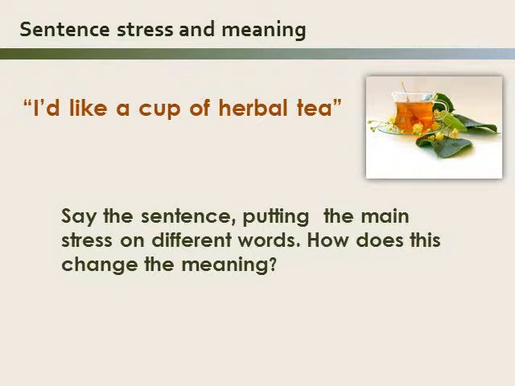And if I say "I'd like a cup of herbal tea," I'd like one, but I'm probably not going to get one. So the way we stress an identical sentence in all other respects can really change the meaning and the context. So this is something that you can do with your learners, explore different contexts for different ways of stressing this kind of sentence.